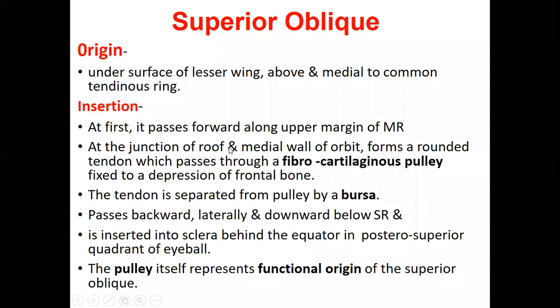At the junction of roof and medial wall of the orbit, it forms a rounded tendon which passes through a fibrocartilaginous pulley called trochlea, fixed to a depression of the frontal bone.